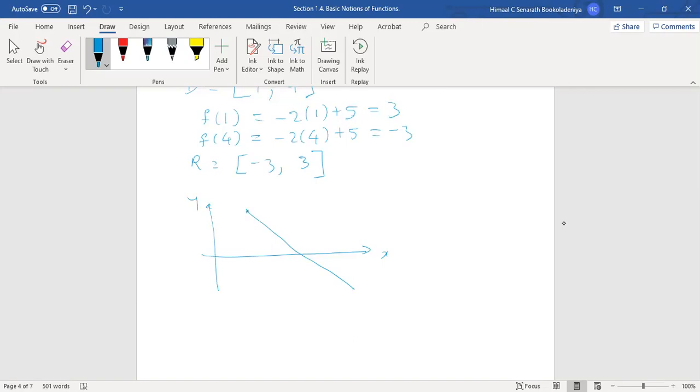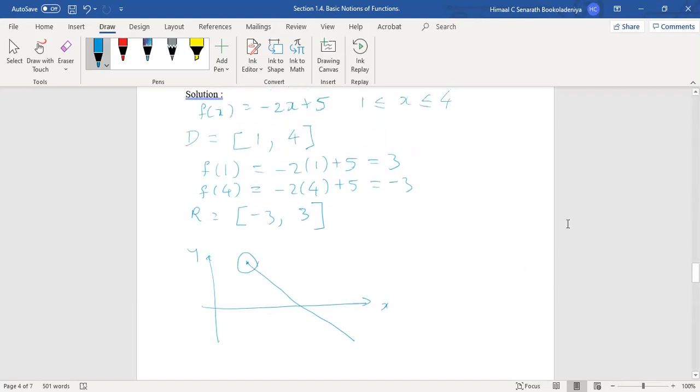The first point here: what is the x coordinate? The x coordinate is 1, and that corresponds to 3. So 1 comma 3. This point is included because it is given 1 less than or equal to x less than or equal to 4. So this point is included.